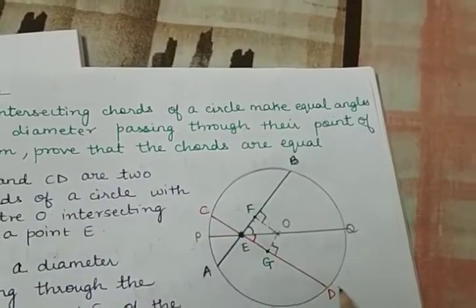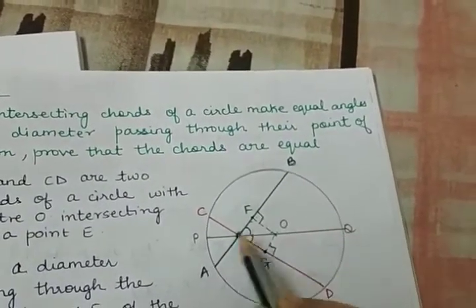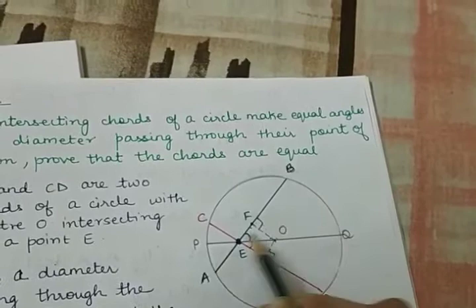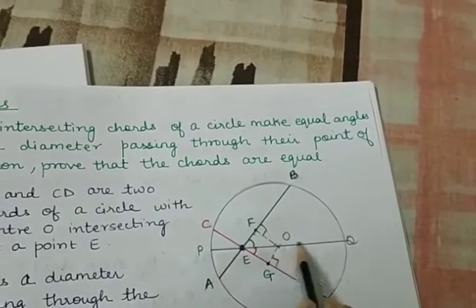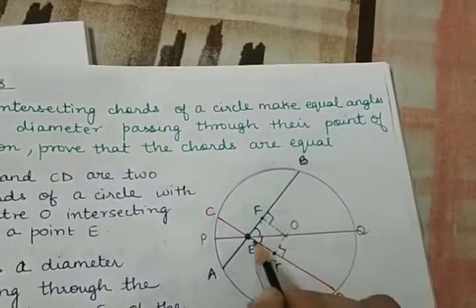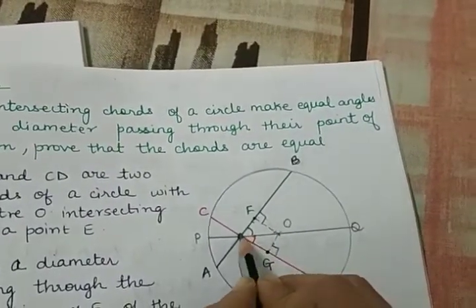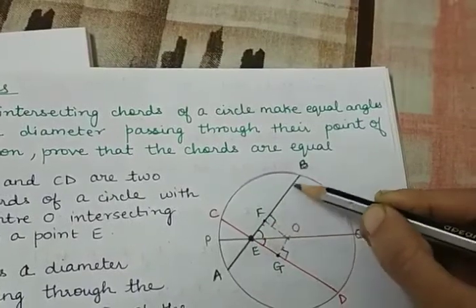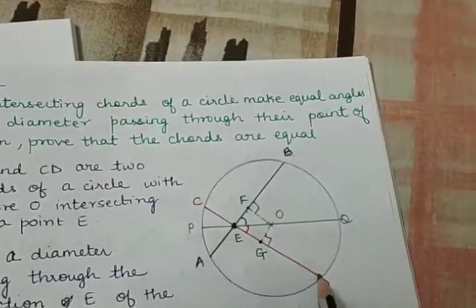So these two chords make equal angles with the diameter of the circle which passes through their point of intersection. This diameter passes through the point E because E is the point of intersection of chords AB and CD.